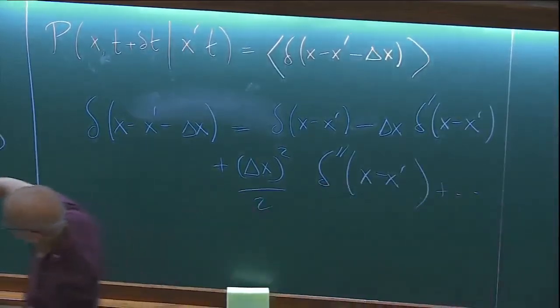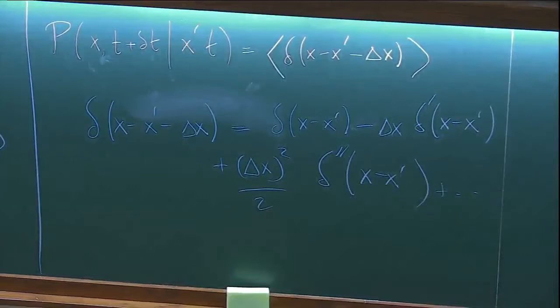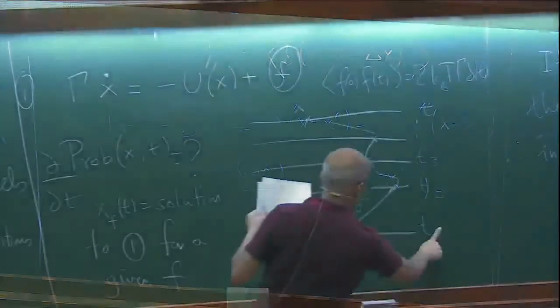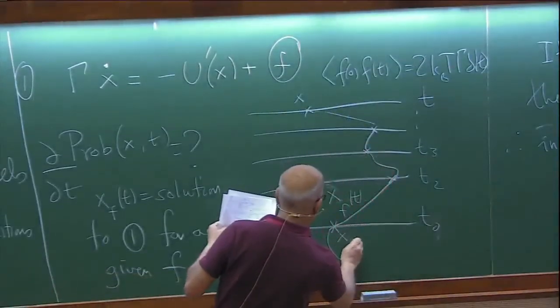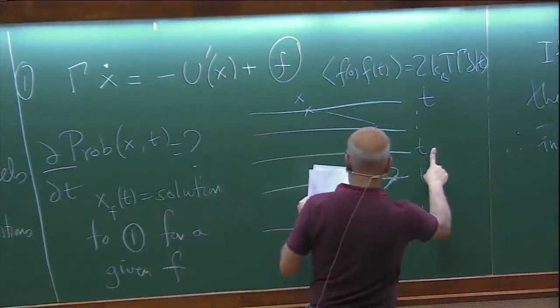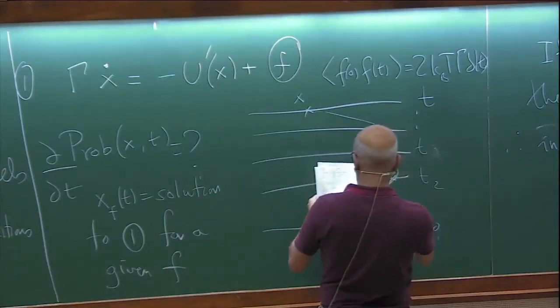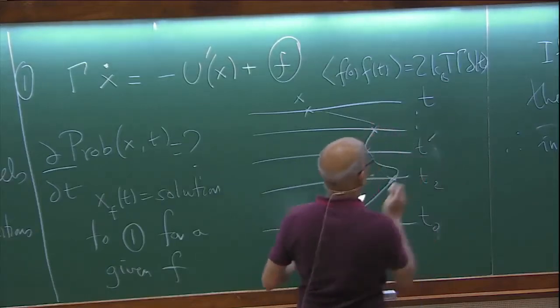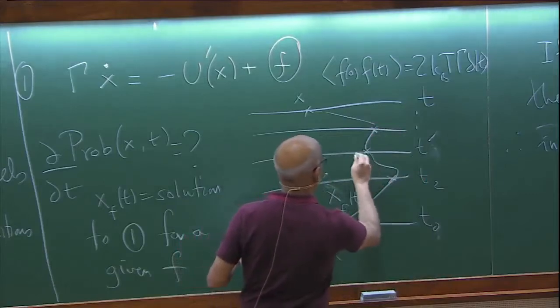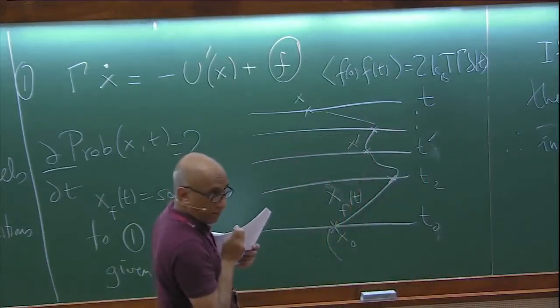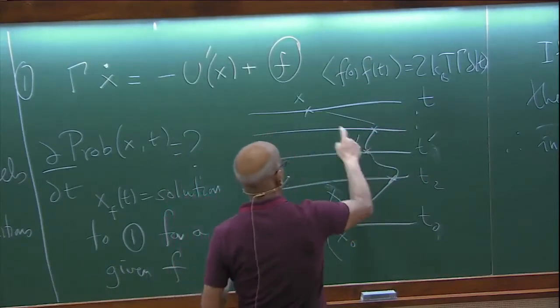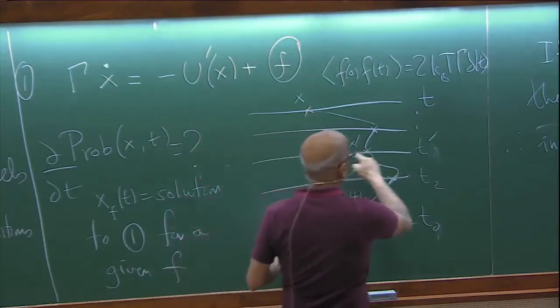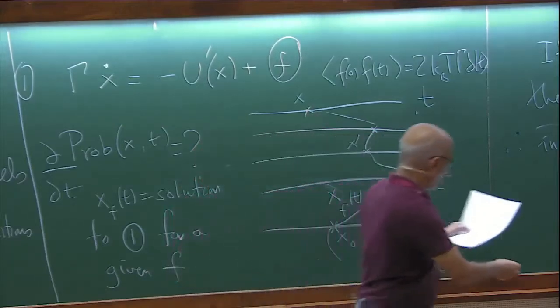What we want to go back to is this picture and say that the probability of ending up, let us say this is time t, at a given point x, given that you started at t naught at some point x naught, is the probability that at any time t prime in between, you went from x naught to some point x prime, and you went from x prime to x, integrating over all possible x primes. So let me write that out.